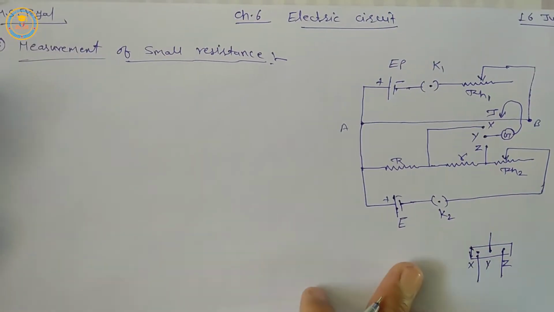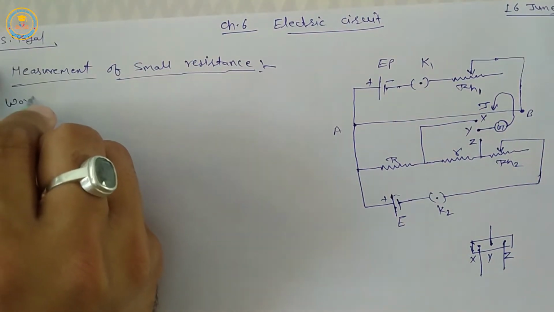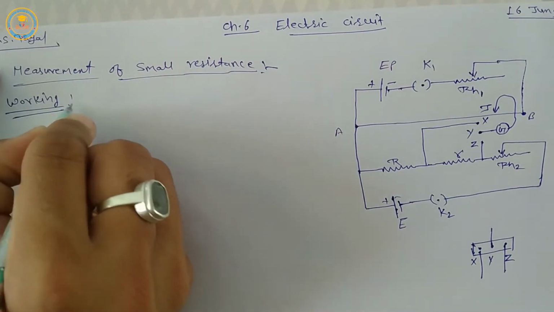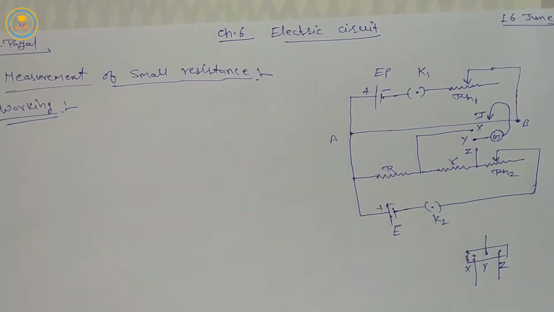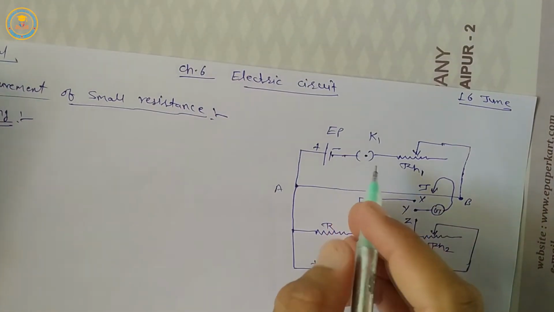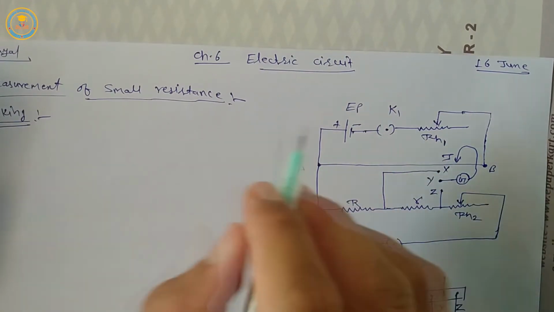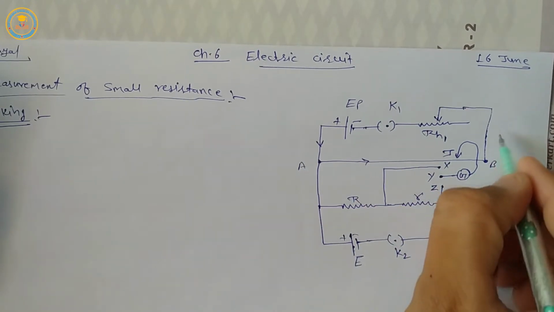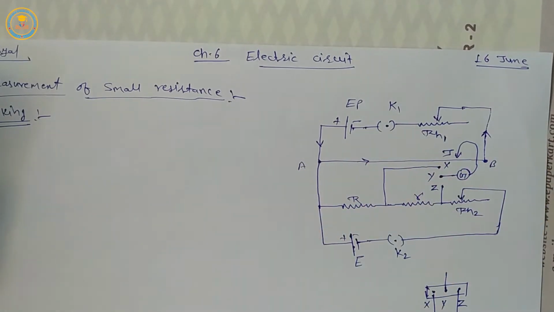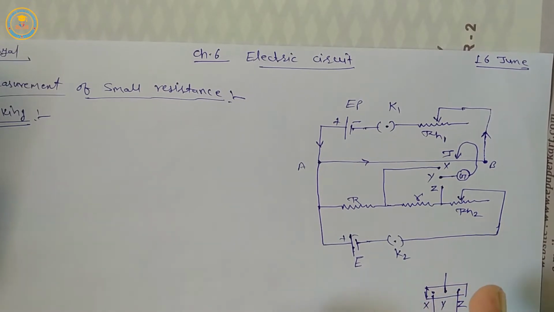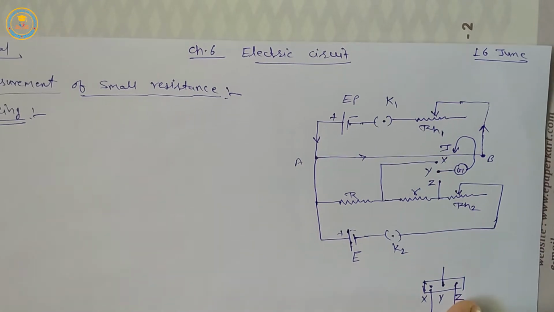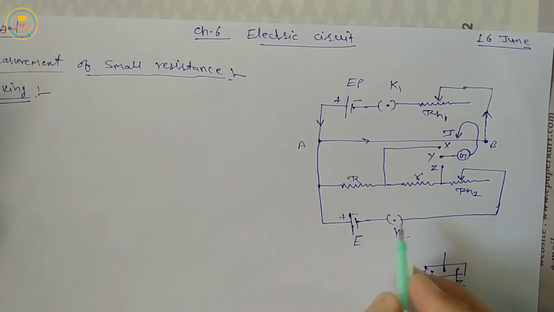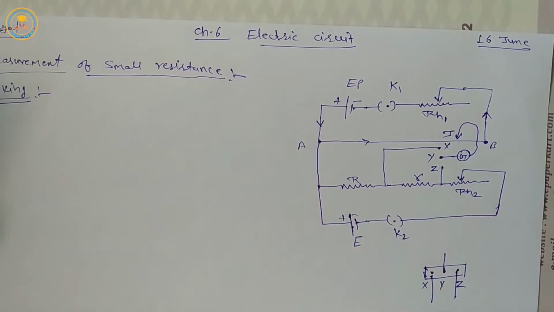Now, the working of this application. Firstly, this key K1 is closed, then current flows through the primary circuit. Now key K2 is also closed, then current flows in the secondary circuit.